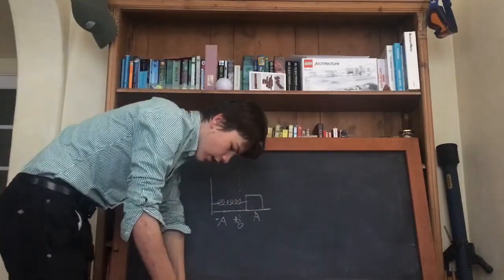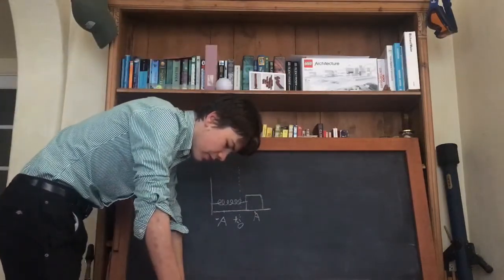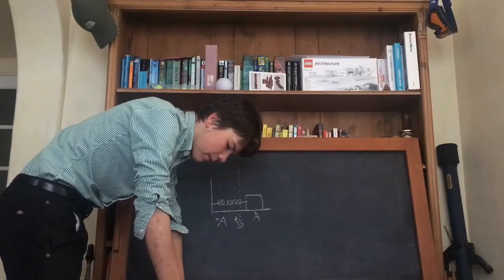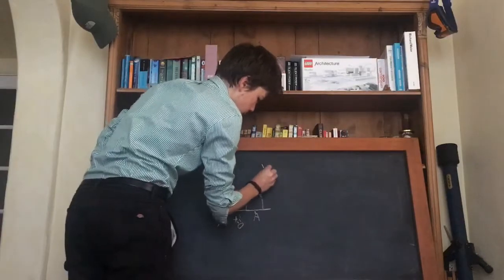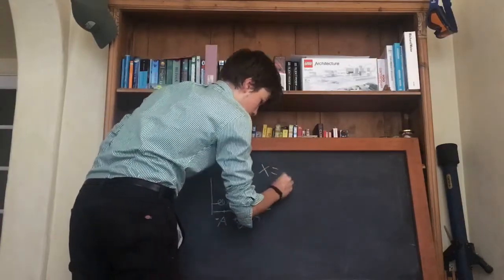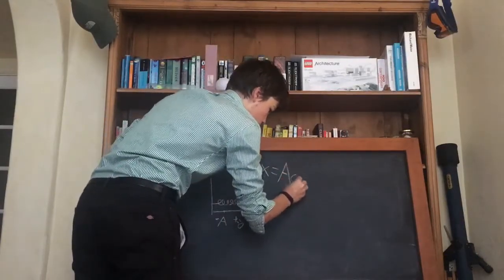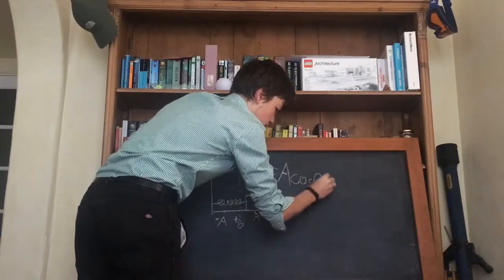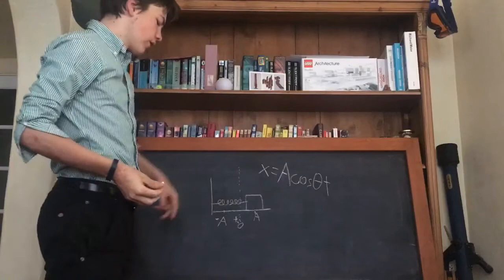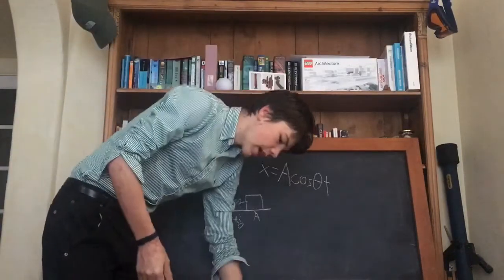And then also, we can find the displacement at any time by using the equation, if we wanted to find how far away it is from something at that point.